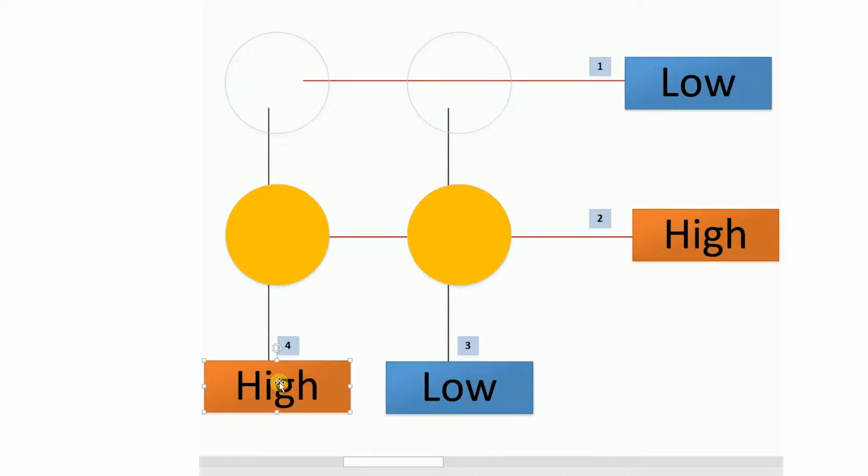Since this is high, anything in this column will turn off because it needs to go from high to low. It can't be from low to high. It has to be from high to low. So this LED would turn off.